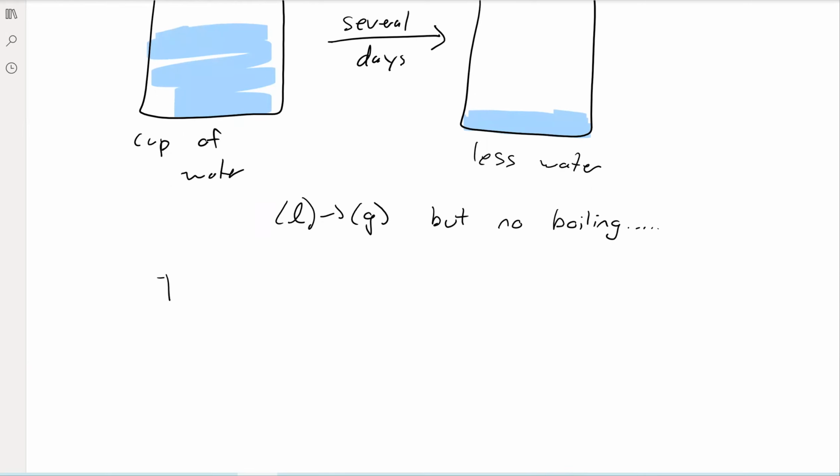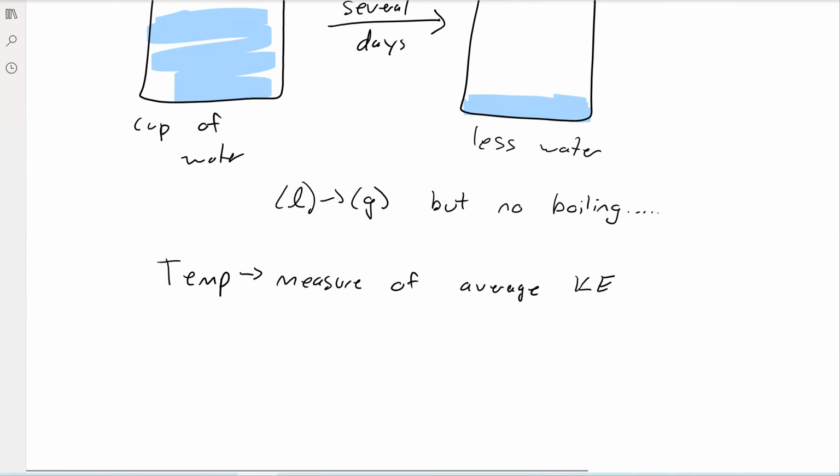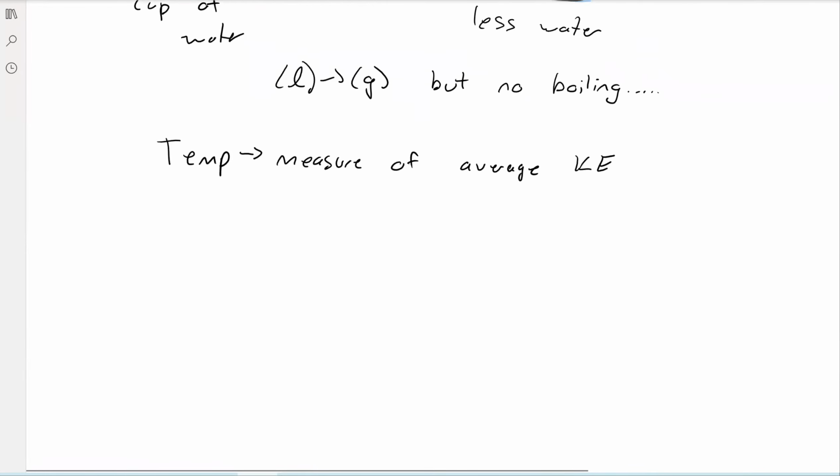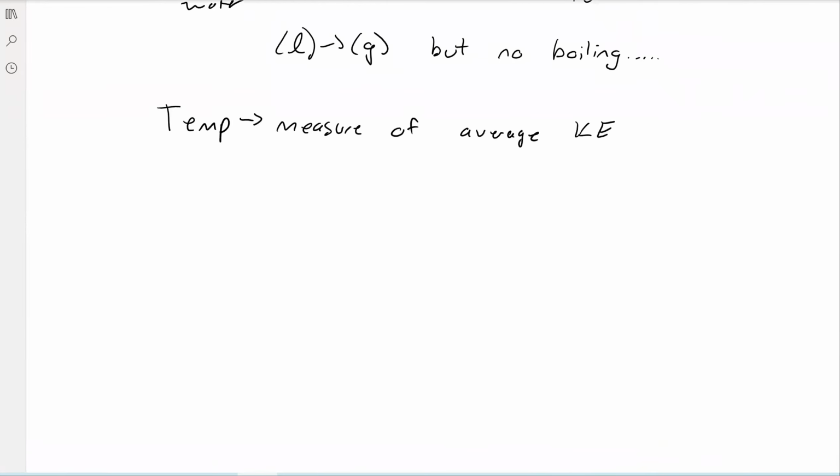So when we think about boiling, we think about what temperature that occurs. And remember that temperature is a measure of average kinetic energy, right? That term, average, is very important because when you have an average of something, you're going to have some that have more and some that have less.